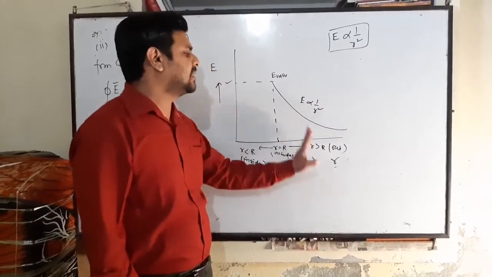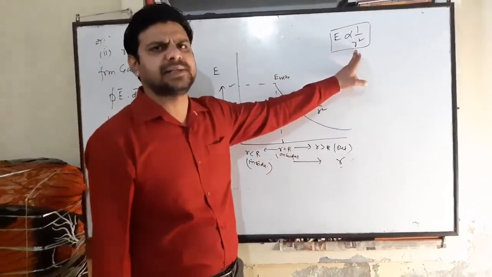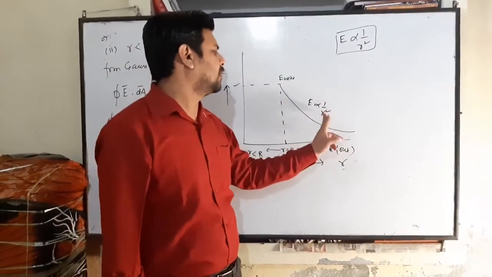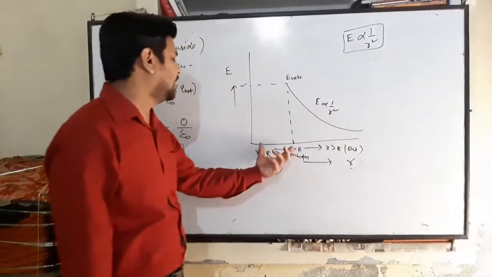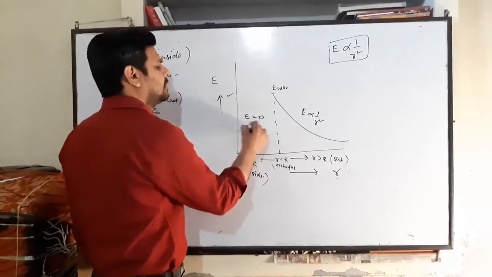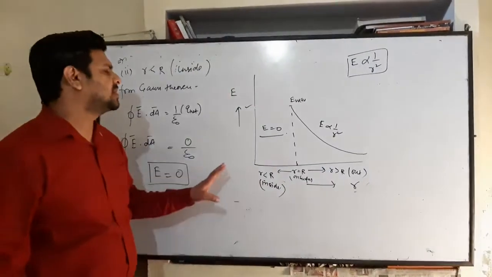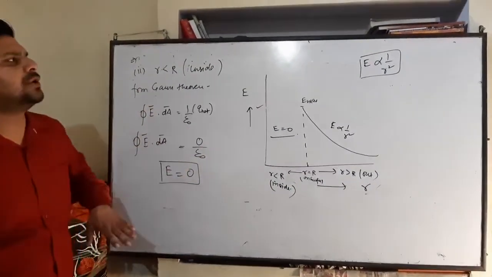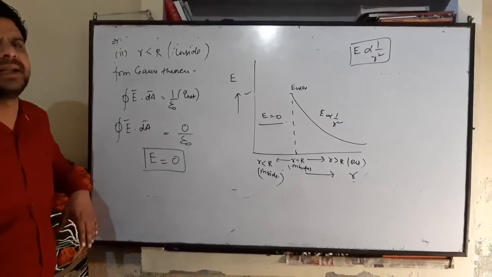And outside the surface, the value of r increases, so E decreases according to this dependence. And inside the surface, no electric field is there. This is the intensity of electric field due to a spherical shell.